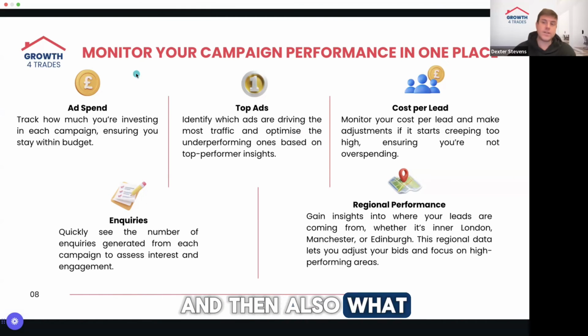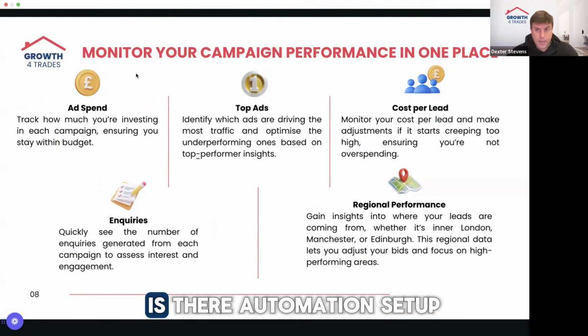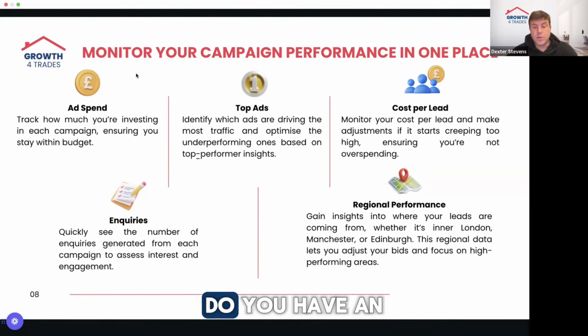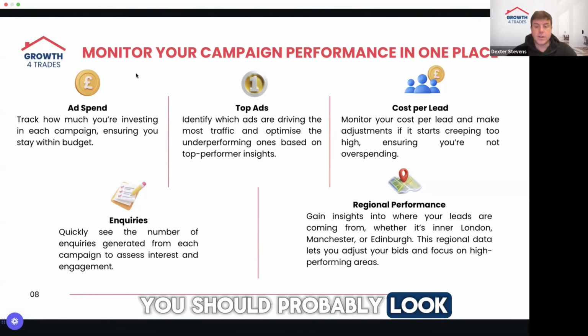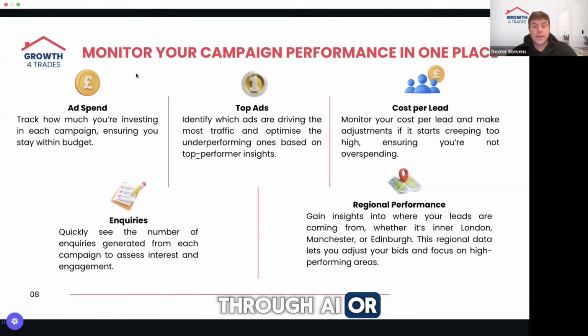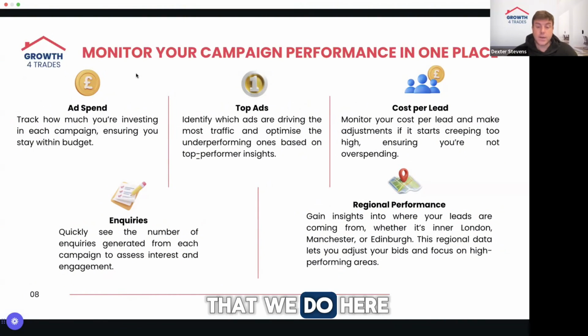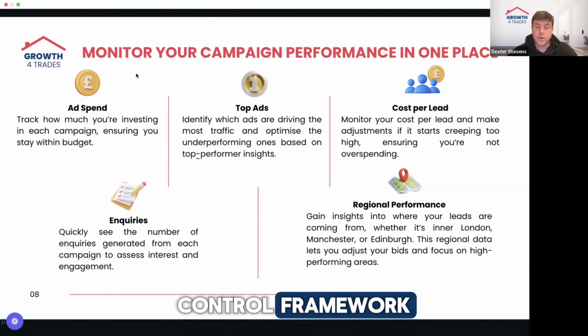And then also once you get the lead, how quick are you responding to them? Is there automation set up? Do you have an office team? If you don't, you should probably look at ways that you can automate it through AI or WhatsApp or anything like that, which is actually something that we do here. We're using our lead control framework.